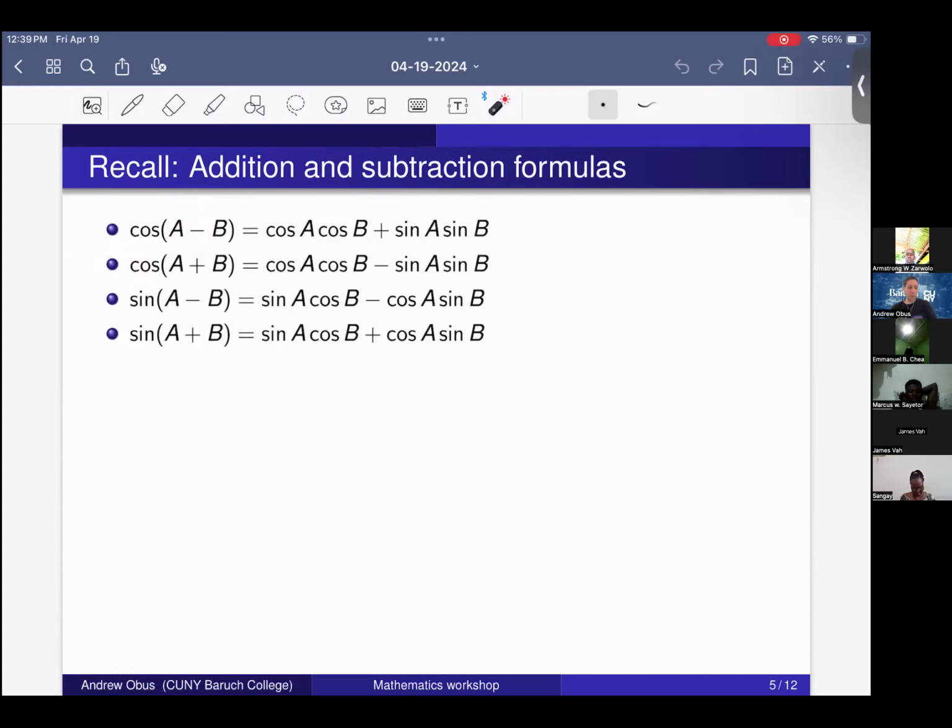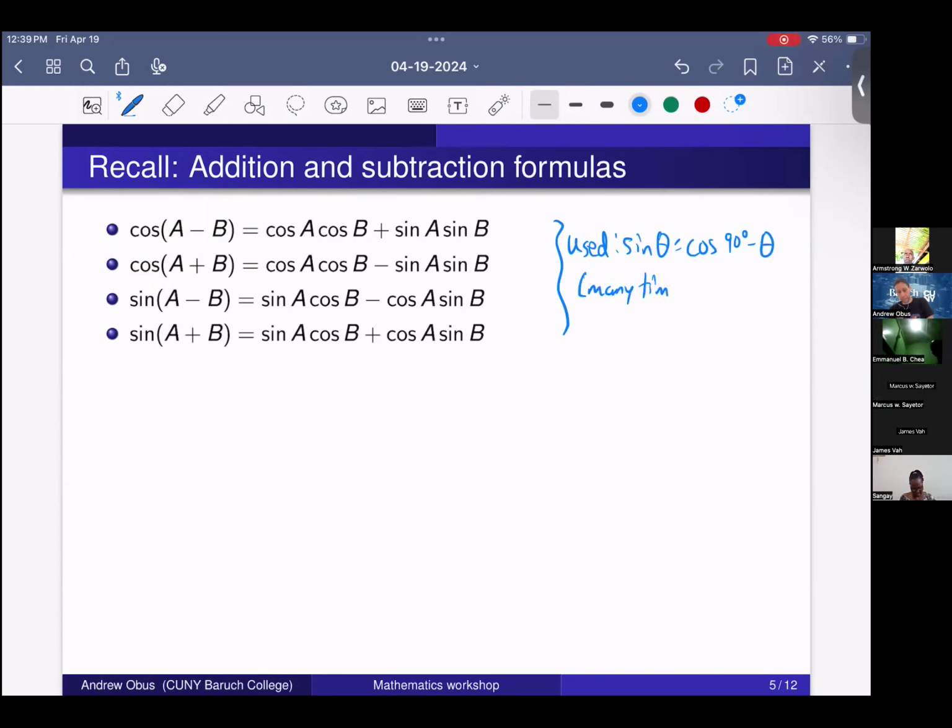Then we were able to switch between sine and cosine. Remember, we used that sine of theta is equal to cosine of 90 degrees minus theta. We use this many times to do all of these other proofs.